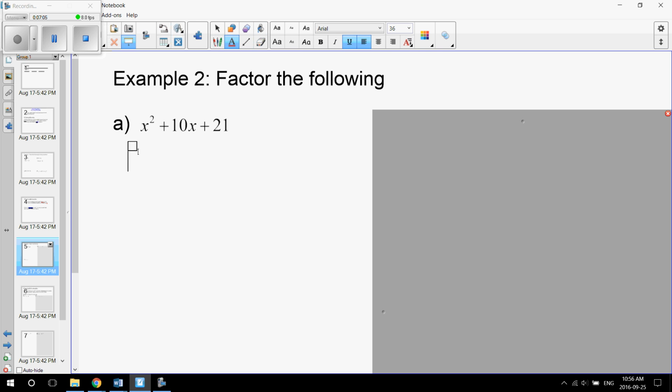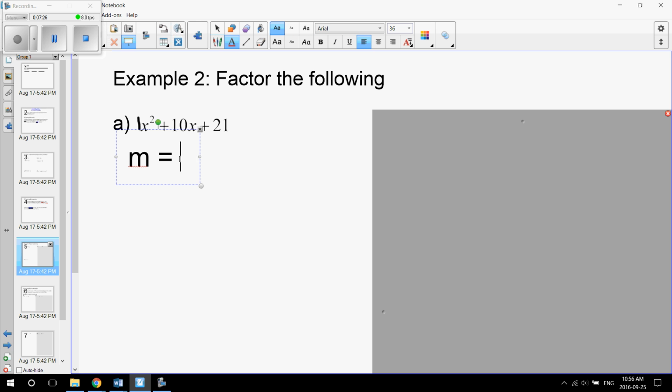So first we need two numbers that multiply. We're going to use m for multiply. We need two numbers that multiply to the value of a times c. But our a value, remember, is just this 1. So it's 1 times 21, but 1 times 21 is just 21.